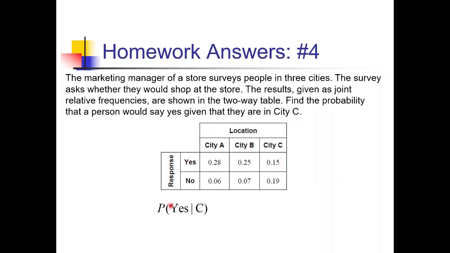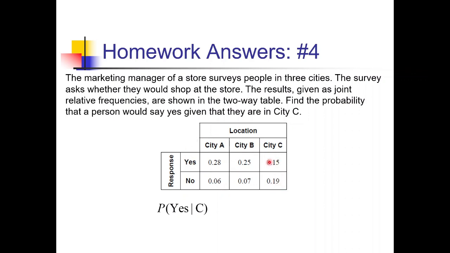We are looking for yes, given that C has already happened. So we need the probability of yes and C divided by the probability of C. Basically, what percentage of the people who live in city C would say yes. So we're considering this very narrow piece of it here.